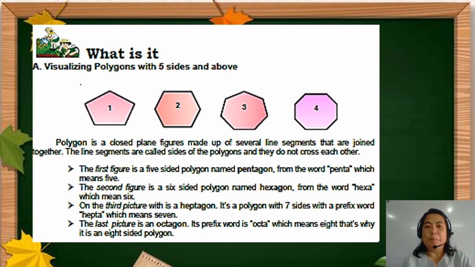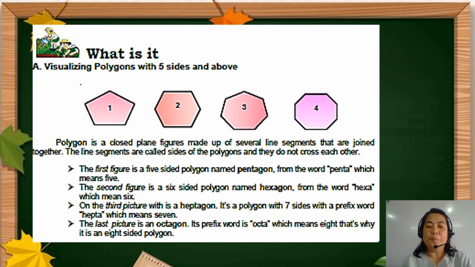From the word penta, which means 5. The second figure is a 6-sided polygon named hexagon, from the word hexa, which means 6.